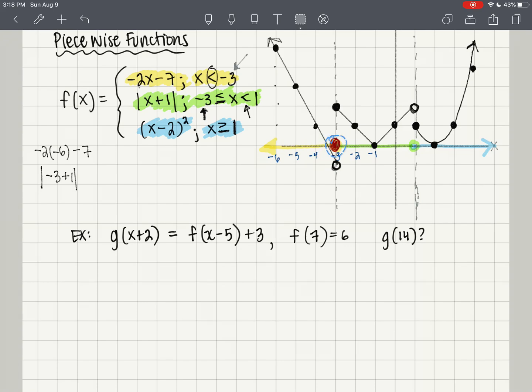But here in the middle, this yellow stops, so the graph is going to stop right there. In the green area, that's where the green domain begins. So it continues and then it ends at x equals 1 without including 1, so it's an open circle. And then you can see where the other graph that does include 1, it does include 1 right there. It starts and it goes forever.